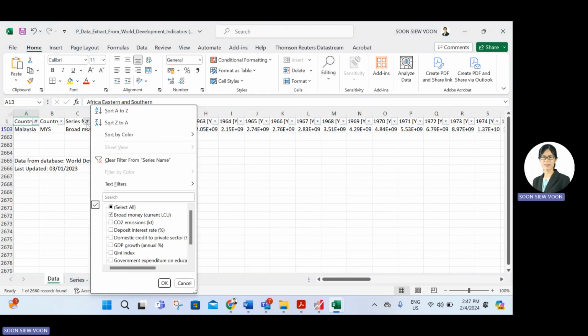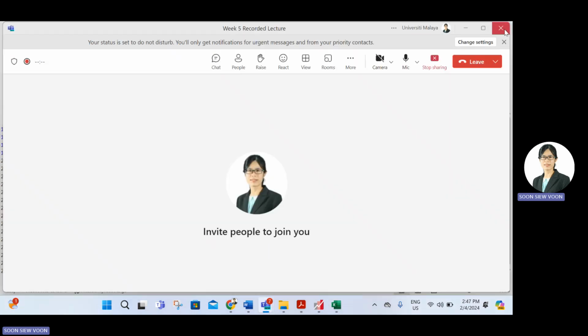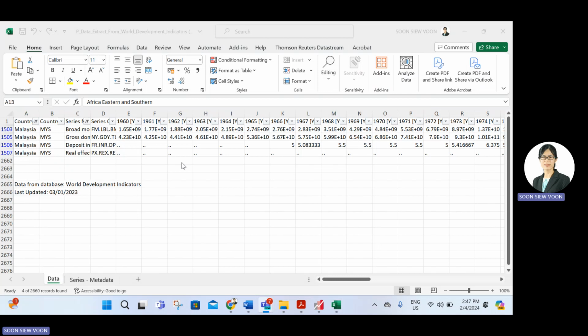Not only broad money, I need the interest rate as well as gross domestic income, which is the proxy for income. I also need the real effective exchange rate. So these are the 4 variables I would like to use to show you the analysis.